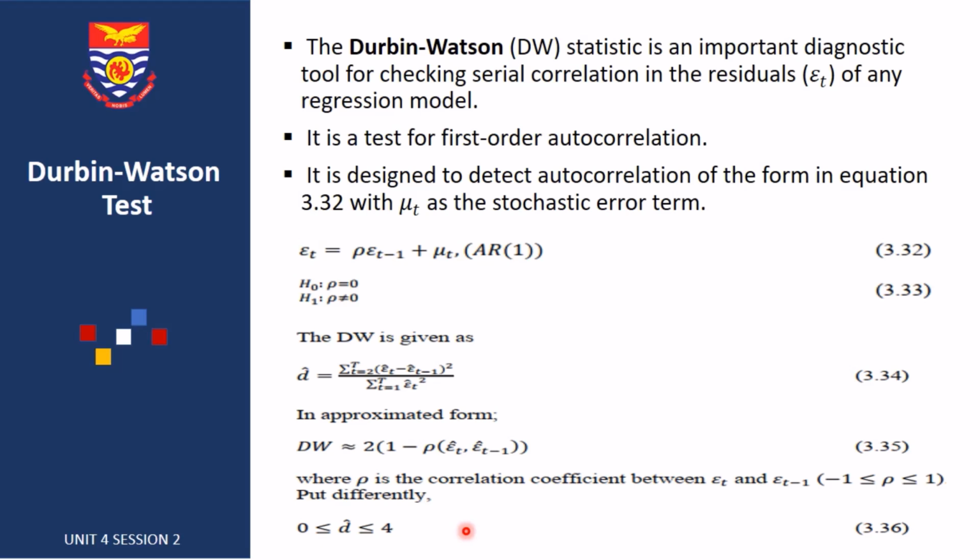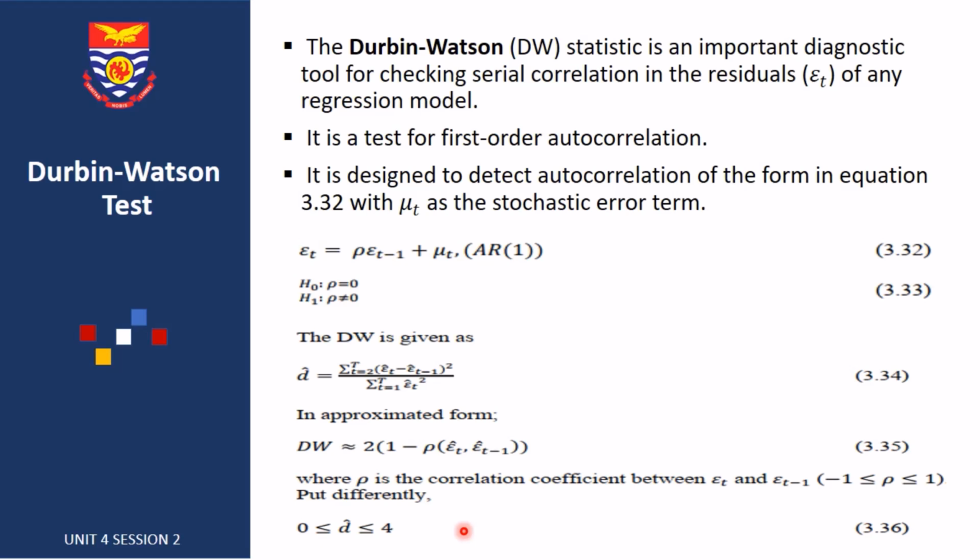In simple terms, the closer the Durbin-Watson statistic is to 0, the greater the evidence of positive autocorrelation, and the closer it is to 4, the greater the evidence of negative autocorrelation.